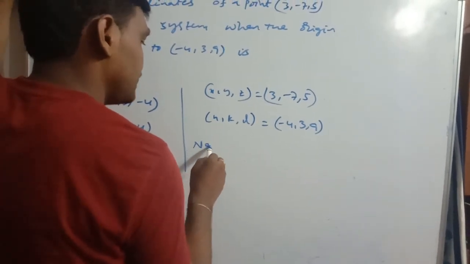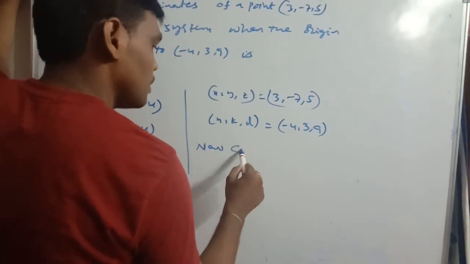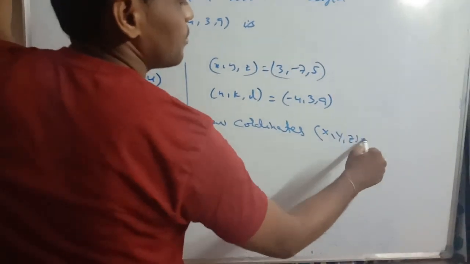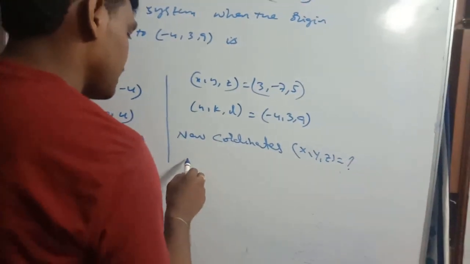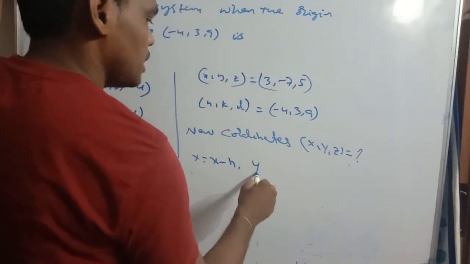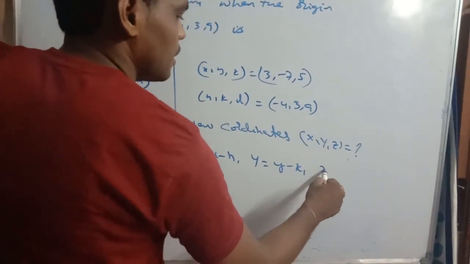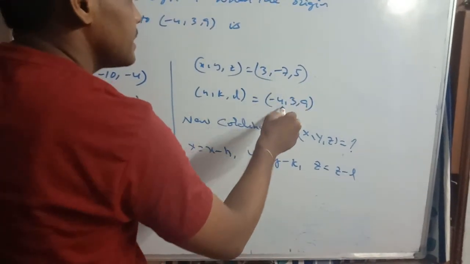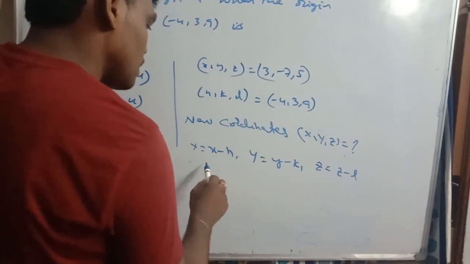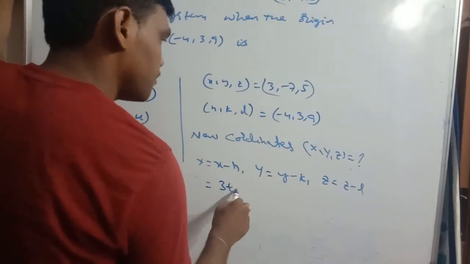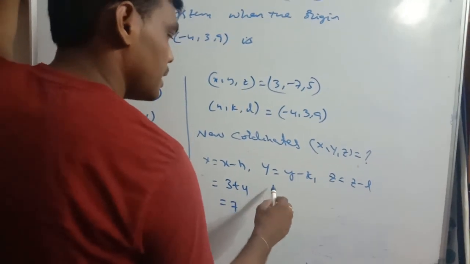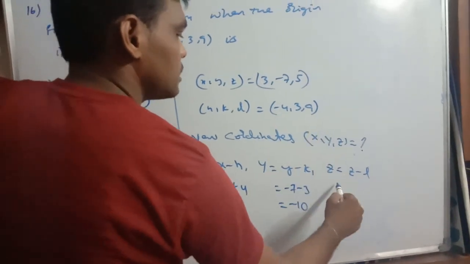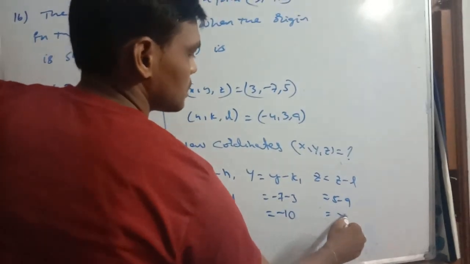Now the new coordinates capital X comma capital Y comma capital Z: capital X is equal to small x minus h, capital Y is equal to small y minus k, capital Z is equal to small z minus l. Now here this is x, y, z and this is h comma k comma l. Now 3 minus of minus 4 is 7, and minus 7 minus 3 is minus 10, and z is equal to 5 minus 9, which is minus 4.